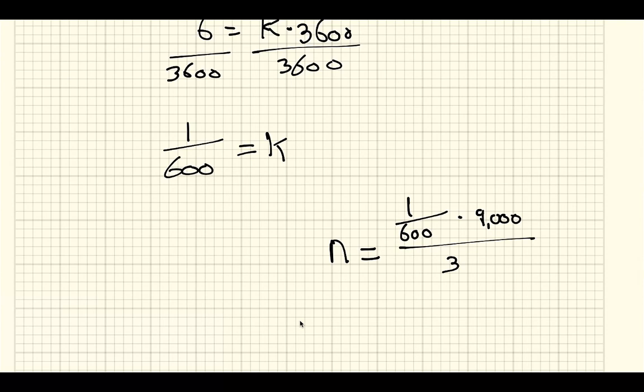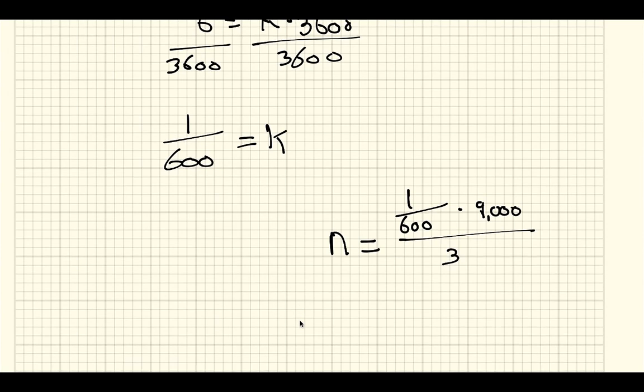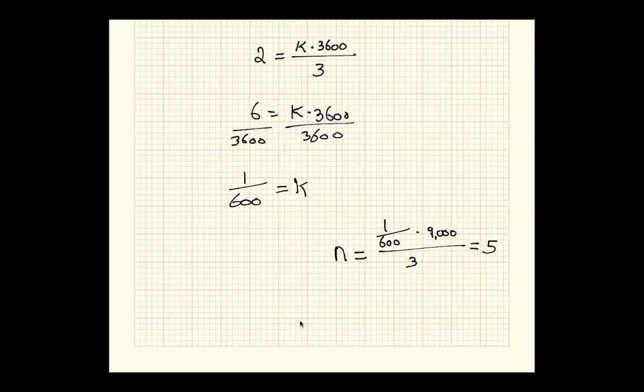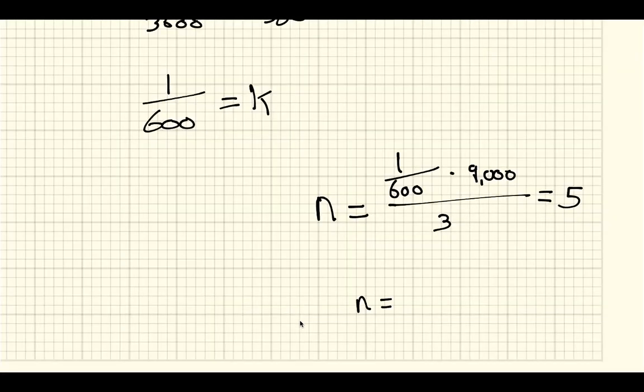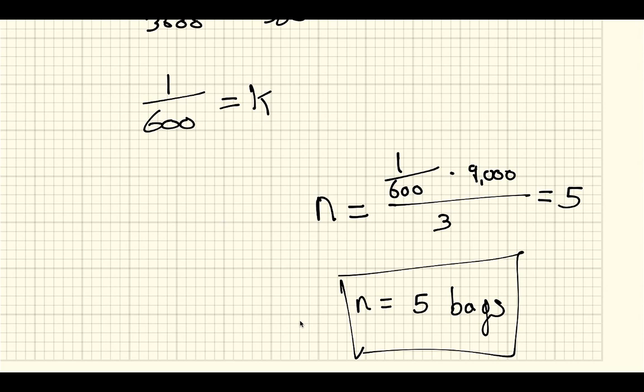So take 9,000 times 1/600th. That gives me 15. Divide that by 3 should give me an answer of 5. Since this is a word problem, make sure we have N equals 5 bags. That's the number of bags, and that's how we solve that one.